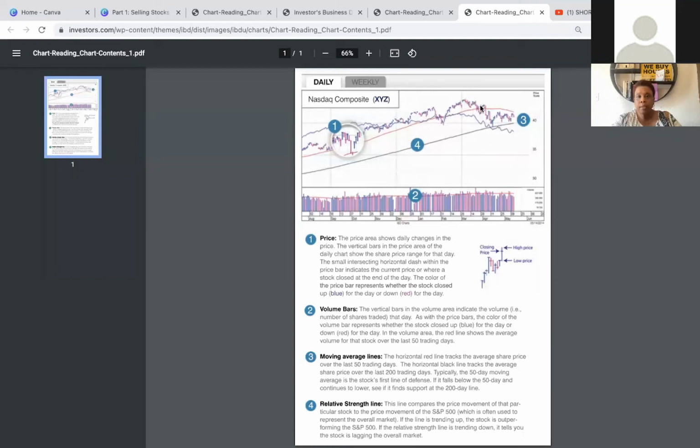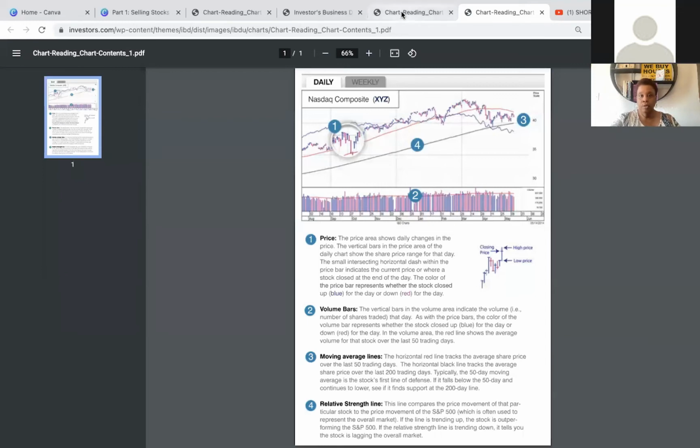If you see that it's getting close to the line or falling under the line, you know that it's getting weaker, versus if it keeps rising above the line or staying consistent with the line, that tells you something strong is going up. But we're looking for stocks that are falling in price.